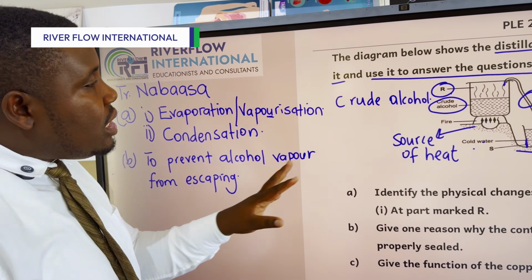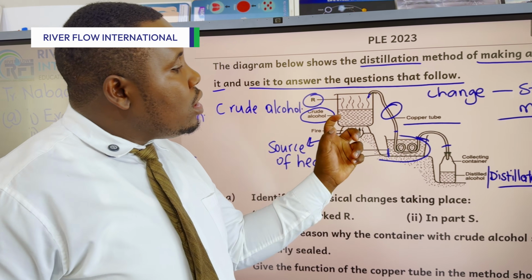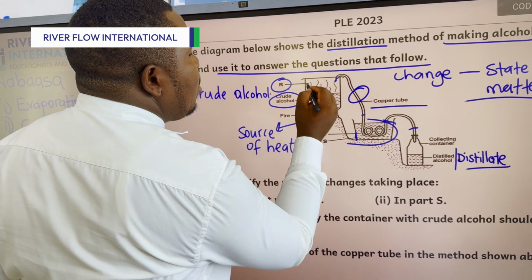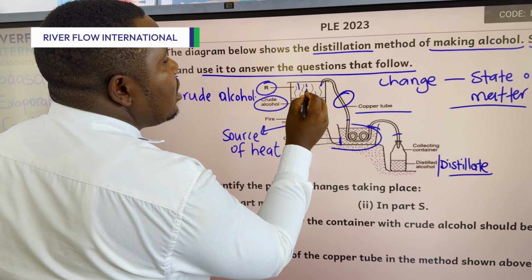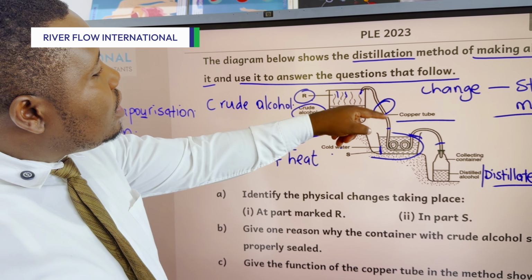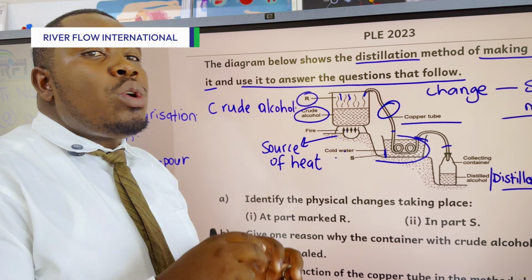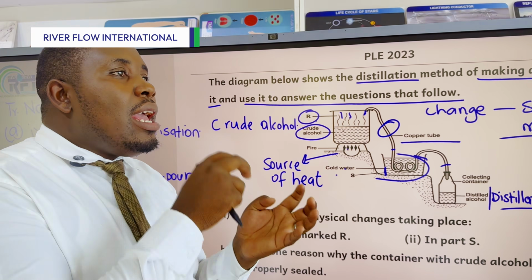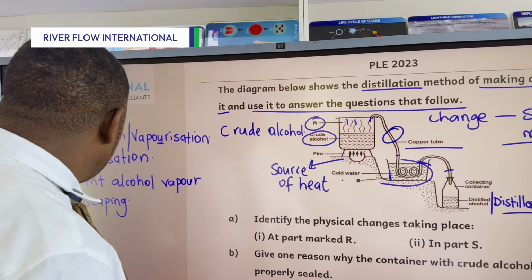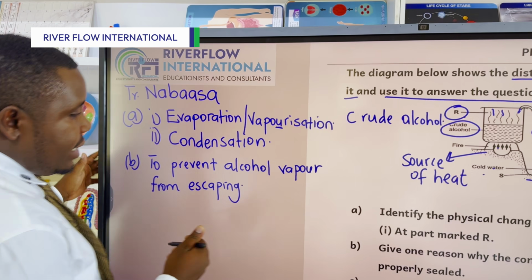Remember, we are distilling this crude alcohol to get distilled alcohol. So if this is not sealed very well, this vapor will end up going out without passing through here. And therefore, we are losing alcohol, or we may end up getting less than we are supposed to get. So it must be properly sealed.